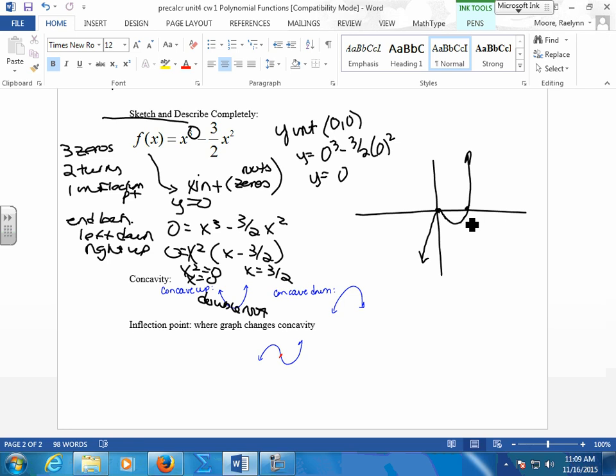So I know that A is called what? A relative max. And what do I know that to be already? 0, 0. And B is called what? A relative min. Okay. What's my domain? All real numbers.